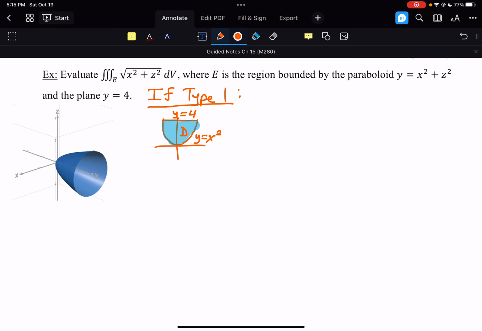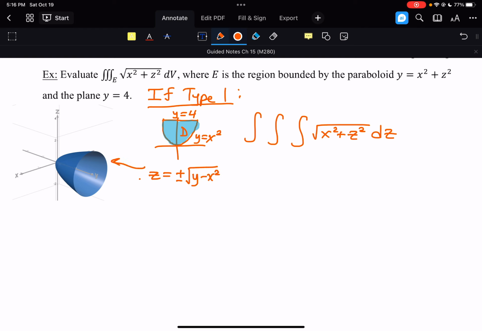But then when we're setting up the triple integral of the square root of x squared plus z squared, dz would have to come first. And when we're setting this up with respect to z, here's the xy plane right here, the bottom function is down here. It's the bottom half of this paraboloid, and the top function is the top half of the paraboloid. So you would be going from the bottom half to the top half of the same function. So we would get z equals plus or minus the square root of y minus x squared.